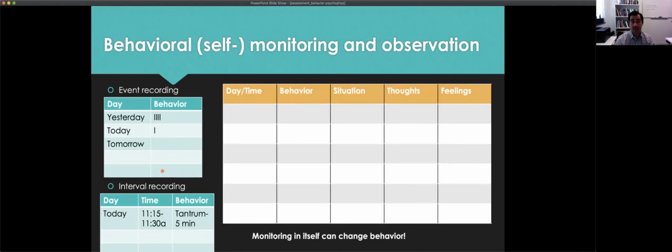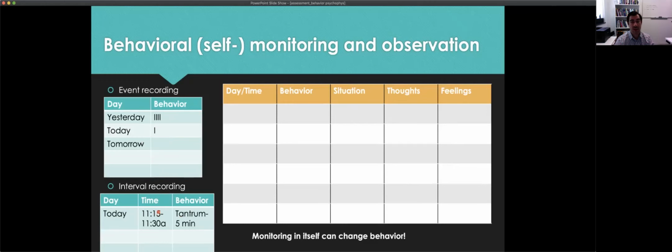With interval recording, it's a little bit different because we sort of break things down into more specific periods of time, more specific intervals, and we're then tracking the number of occasions of that behavior in that particular interval of time. So it's just a little bit more specific.